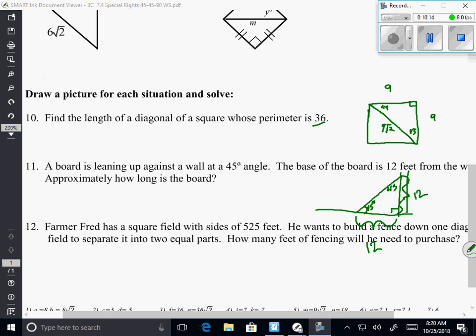How long is the board? It's the length of the leg times the square root of 2. In decimal form, what would that be? 16.97.